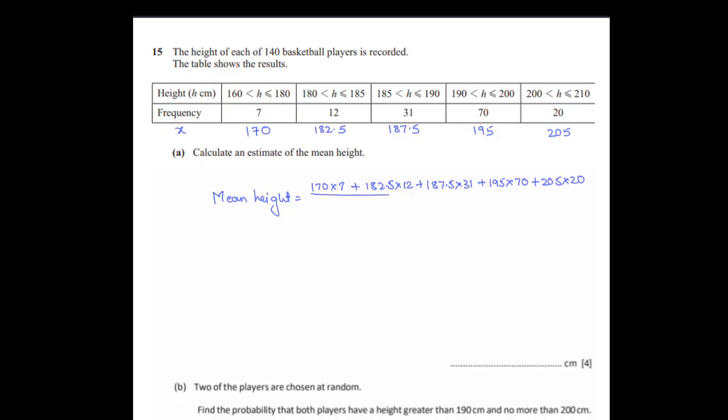This has to be divided by the total number of people, that is 140. So just put this in the calculator, you will get the answer for the mean height.